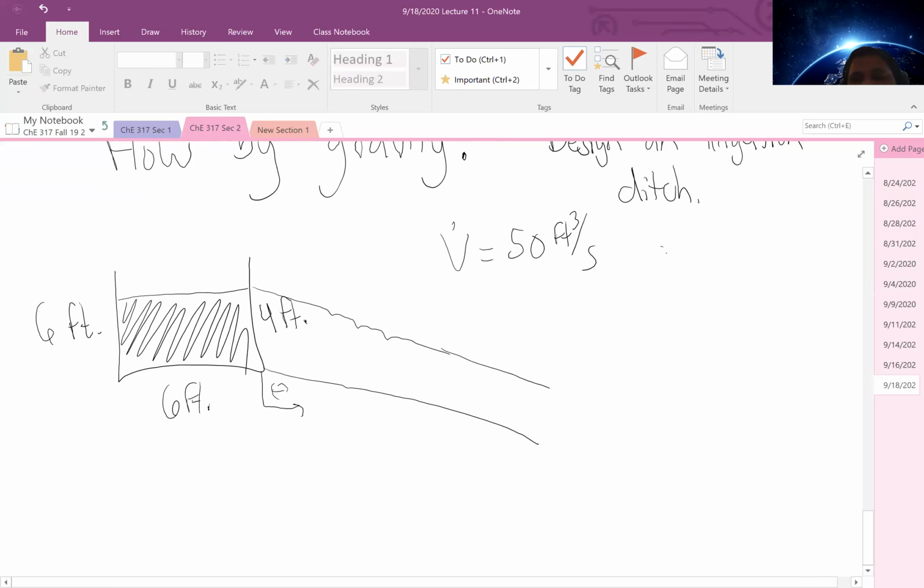So for this basis, I'm going to be looking at a length of 100 feet. So in 100 feet, in terms of the distance of this ditch, what's going to be the depth or the drop of this ditch per 100 feet in order to make sure that we meet this standard that the state has set?